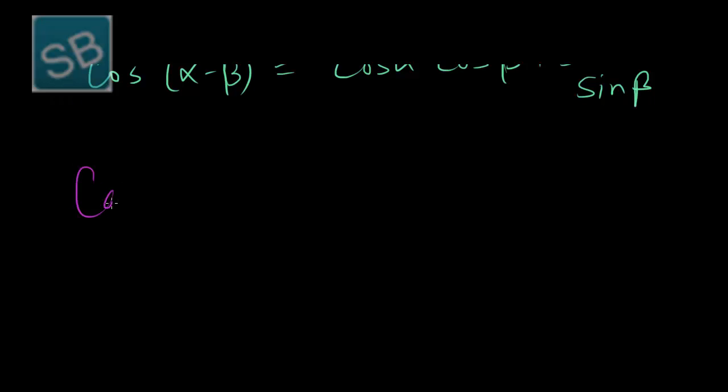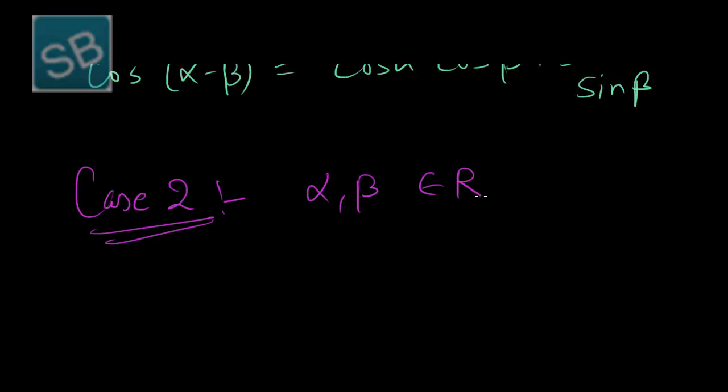Now we will discuss case 2. What happens when alpha and beta belong to real numbers?